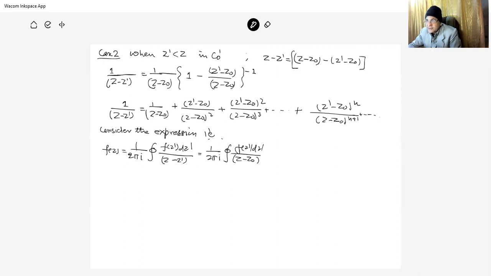So this is 1 upon z minus z0 plus 1 upon 2 pi i, and 1 upon z minus z0 square.